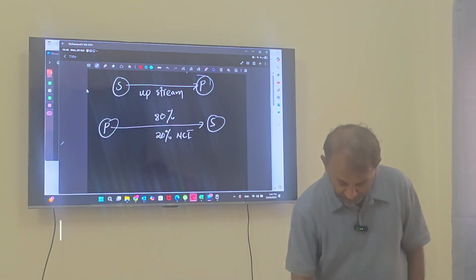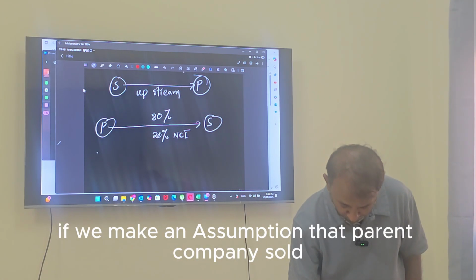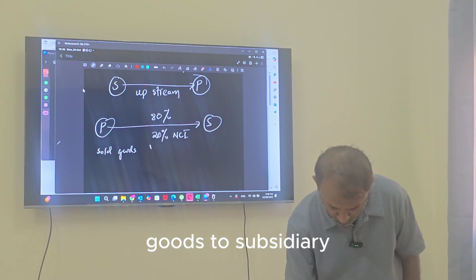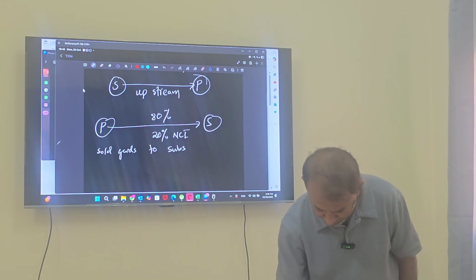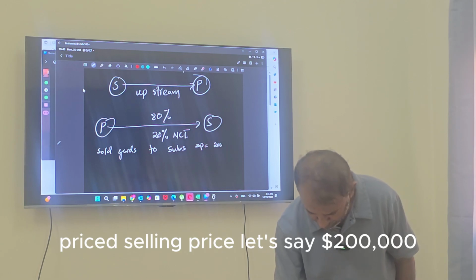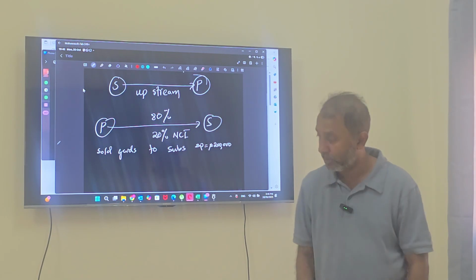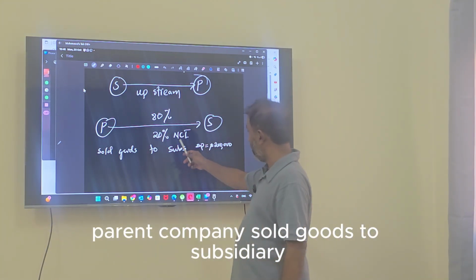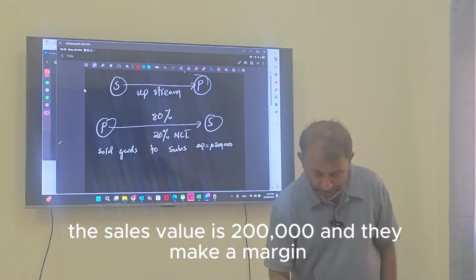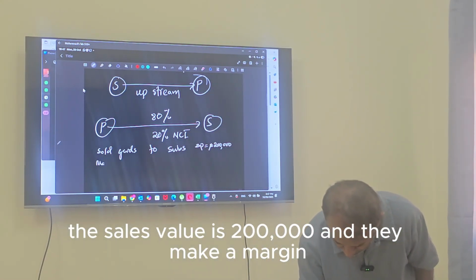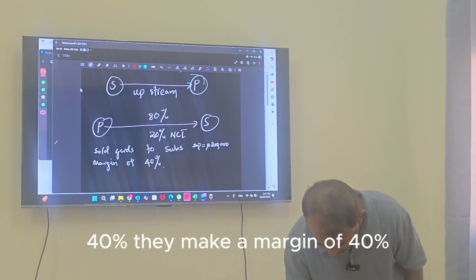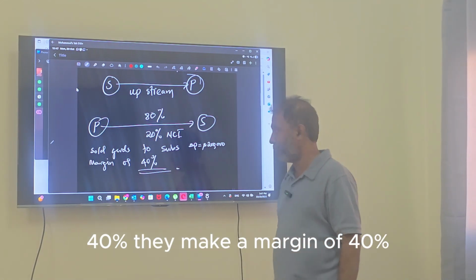In this situation, let's assume the parent company sold goods to the subsidiary at a selling price of $200,000, and they make a margin of 40%.